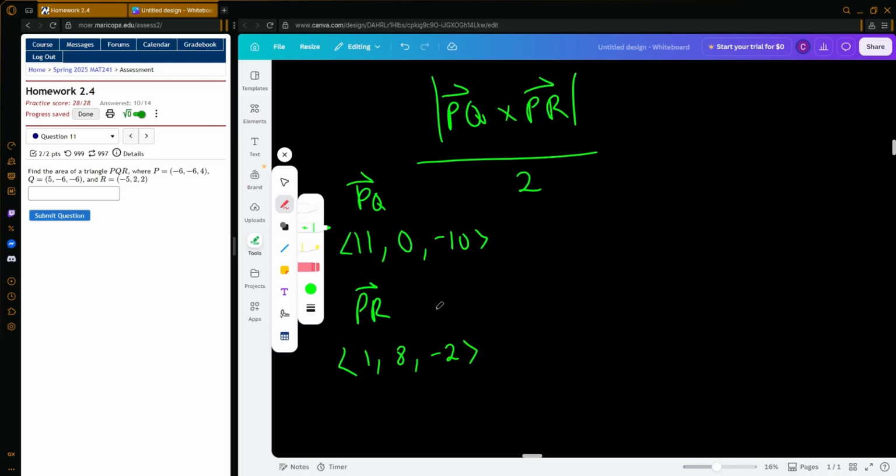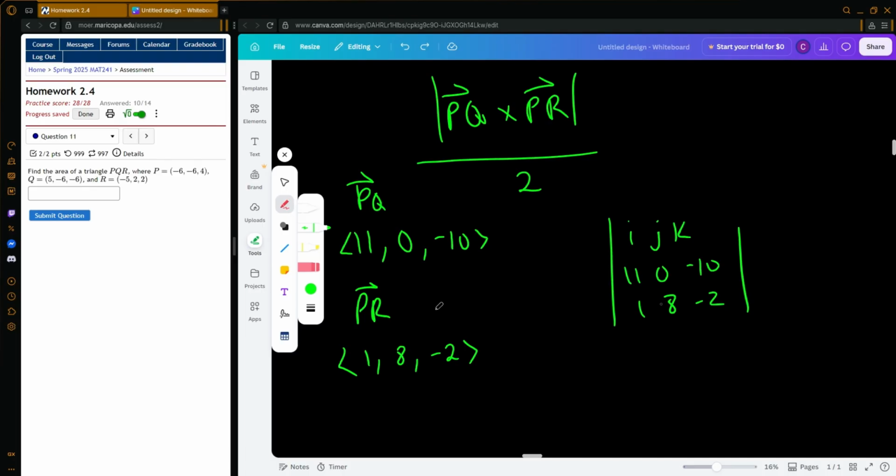Alright. Okay, now we're trying to do the cross product of this. We'll go I, J, K. 11, 0, negative 10. 1, 8, negative 2. Oh, I guess changing the order of these vectors causes the flip of all the signs. So that's how you get two different orthogonal vectors. You flip the places of the vectors in the cross product.